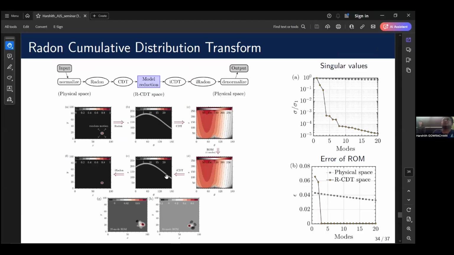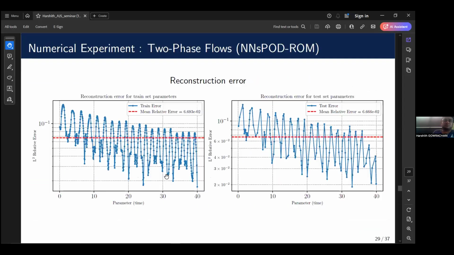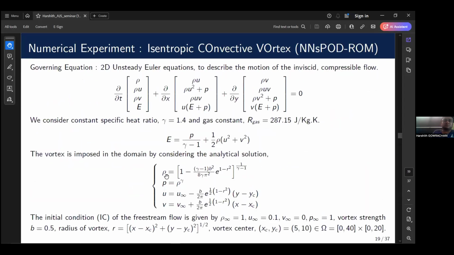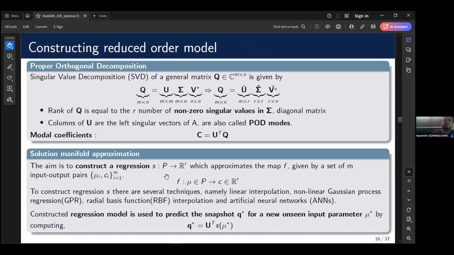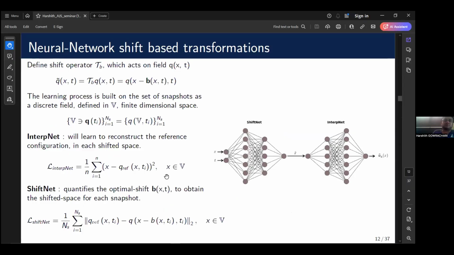Thanks for the talk. The first question is regarding the first part, about the shifting dynamics. If I understood correctly, in the second part you have the ShiftNet and the InterpNet. The idea of the InterpNet is to have the possibility to reconstruct the solution at any given point in the mesh. You are shifting your point and then you want to evaluate there.